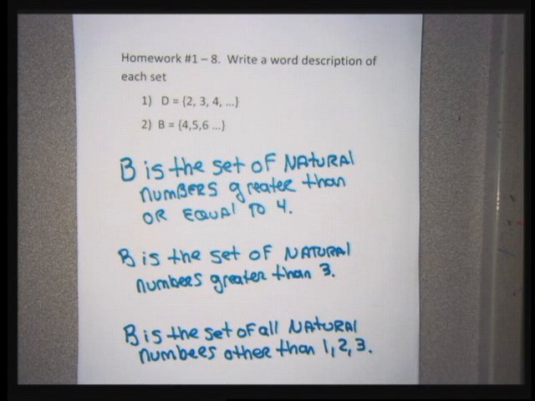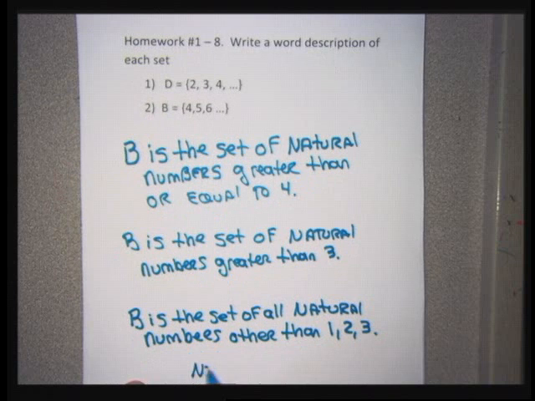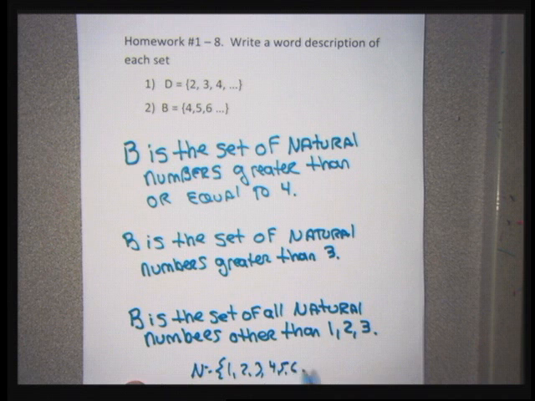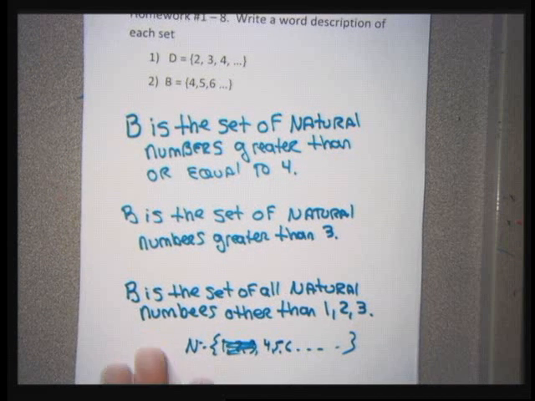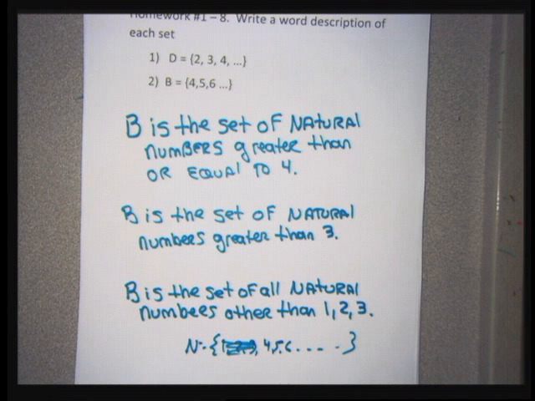And that still would mean the numbers 4, 5, 6, 7, 8, 9 all the way to infinity, because the list of natural numbers starts at 1 and goes off to infinity. Other than 1, 2, and 3 means not including 1, 2, and 3, and what's left if I take the set of natural numbers and throw out the 1, 2, and 3 is the set B that I had to write a description for.